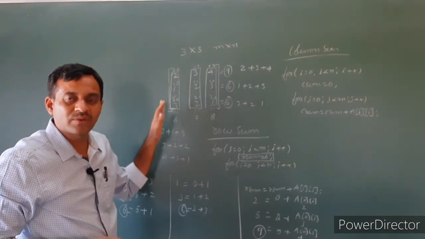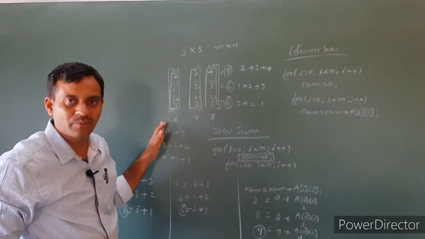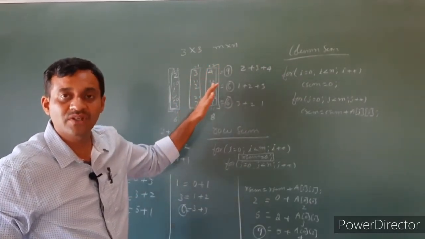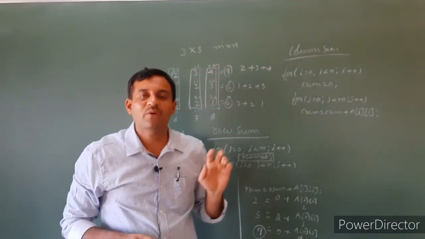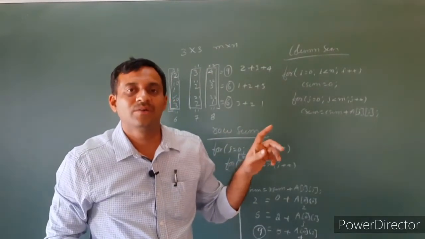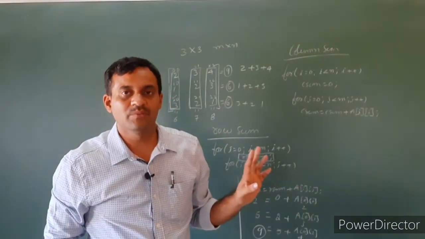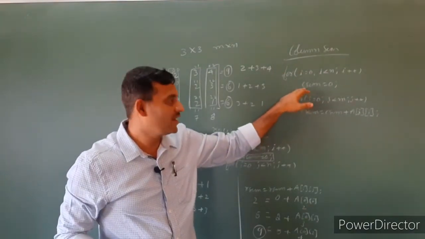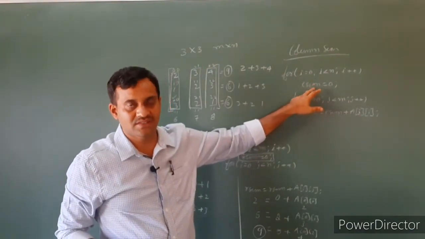First we calculate the sum of the first column, then the sum of the second column, then the sum of the third column, like this. Every time we have to calculate a separate column sum. Hence, when the I loop is incremented, we reset the temporary variable C sum.